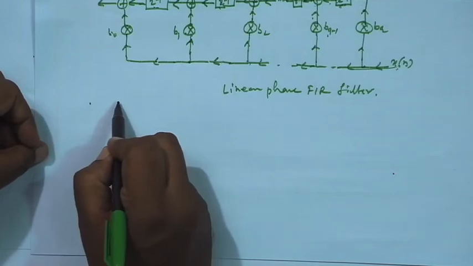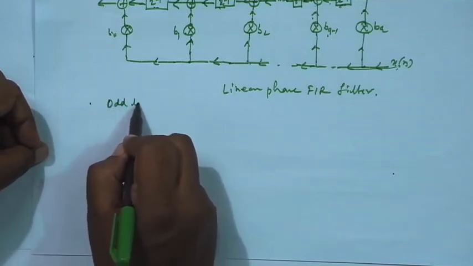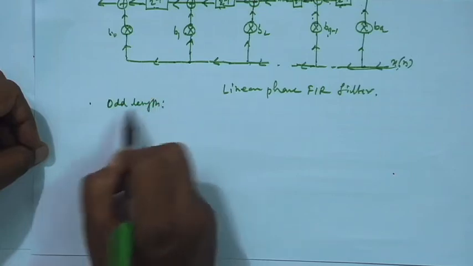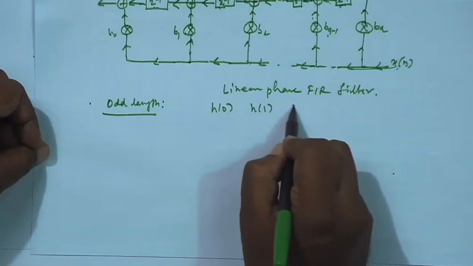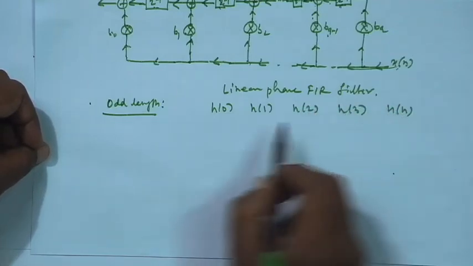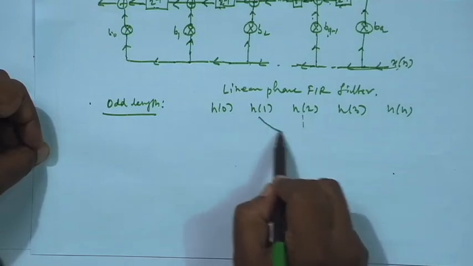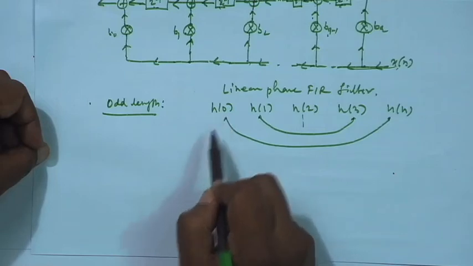Linear phase FIR filter, as an example, suppose you have got odd length. Say h0, h1, h2, h3, h4. So, these two are the mirror, these two are same, and say these two are same.